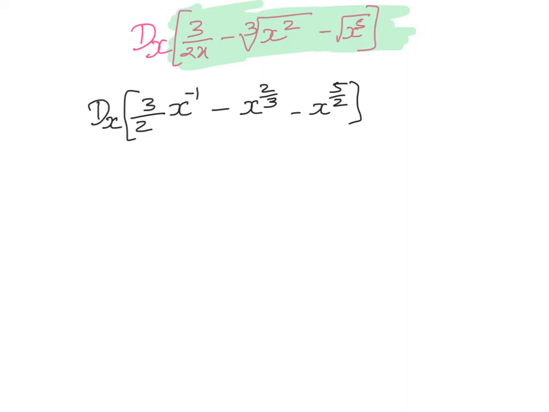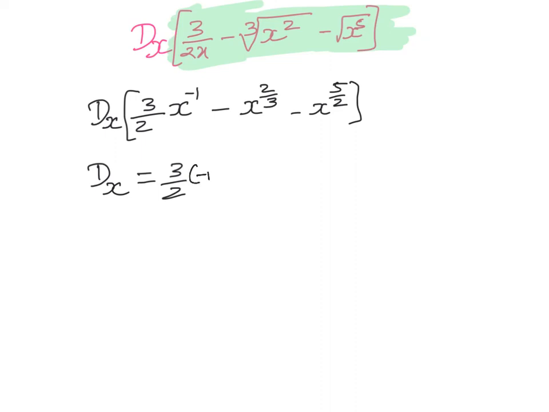Now I'll start differentiating. When I start differentiating, I write d/dx is equal to, which is very important, 3 over 2 x to the power of, I reduce the power by 1. Before that, I forgot to bring the coefficient down.